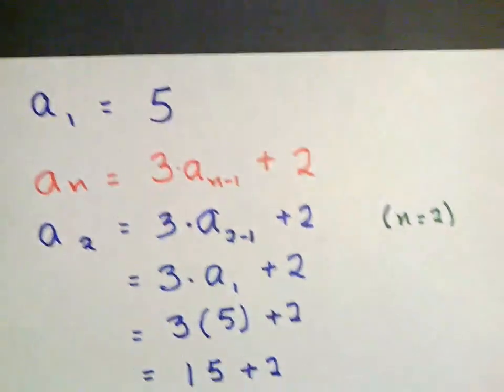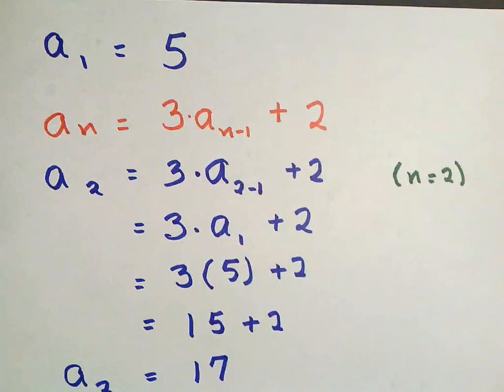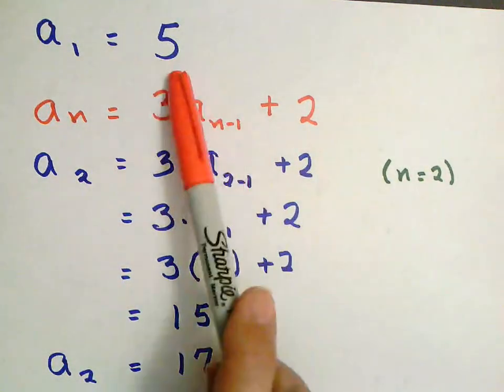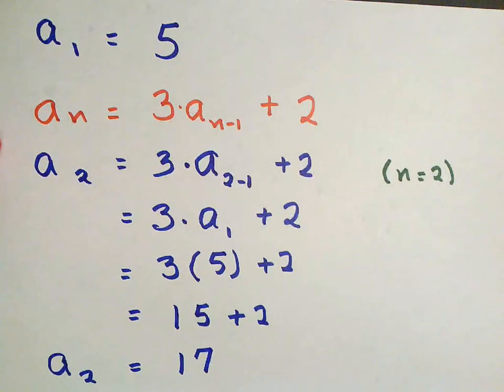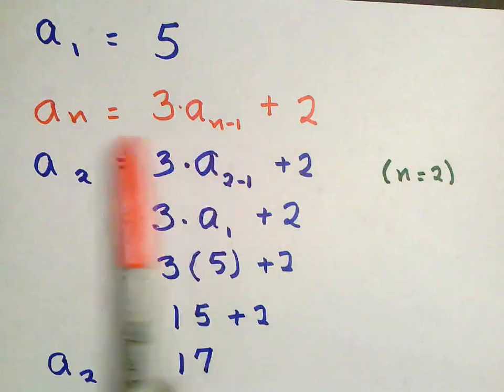So let us continue. Again, remember that the a sub 1 term was given, so a sub 1 is equal to 5. And here's our formula. Our n this time is 2, because we already know what a sub 1 is. So it's a sub 2. This n and this n are the same.